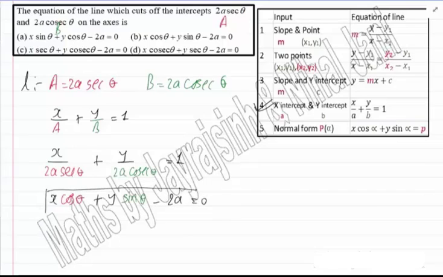So we can say x cos theta plus y sin theta minus 2a is equal to 0 is the required answer. Ta-da! Option, not A actually, option B is the right answer.